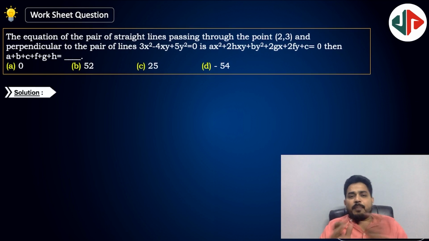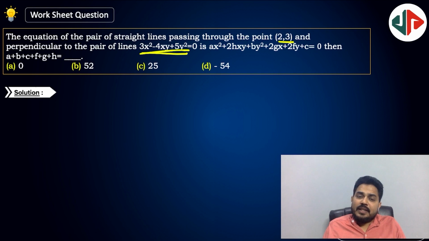If the equation is a pair of lines passing through (2, 3) and perpendicular to this one. So I need the pair of lines passing through (2, 3) and perpendicular to this one. What is the formula?